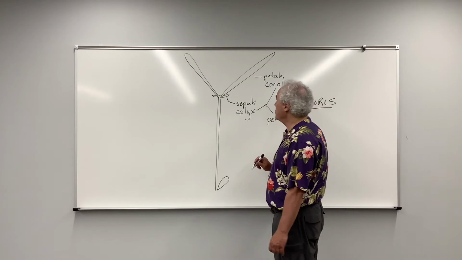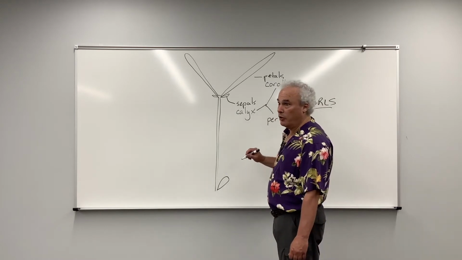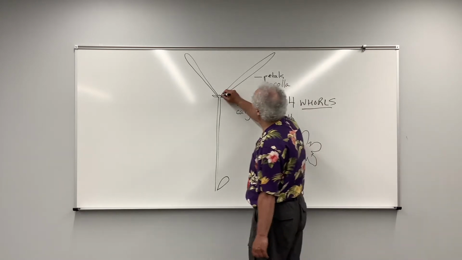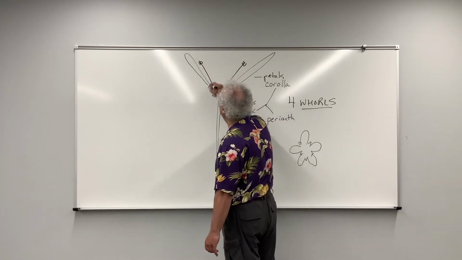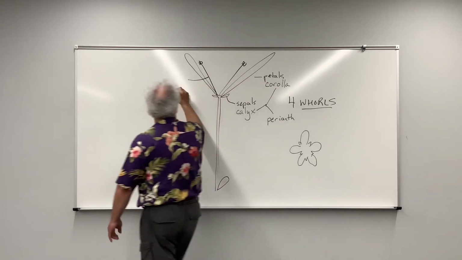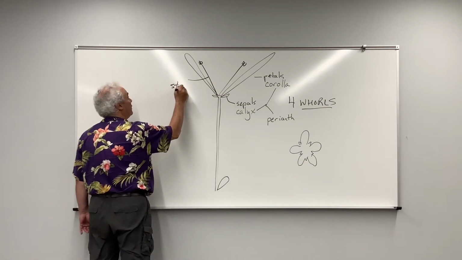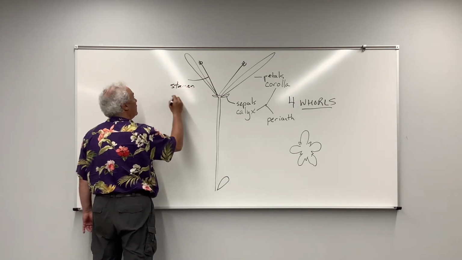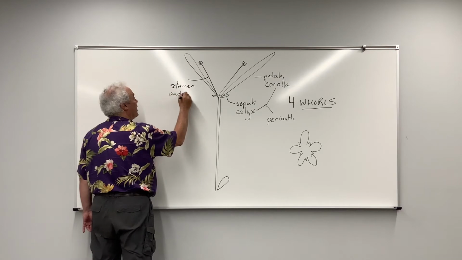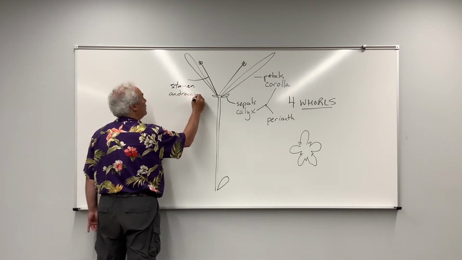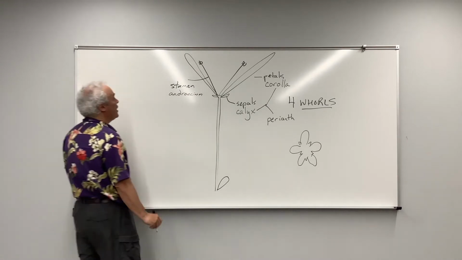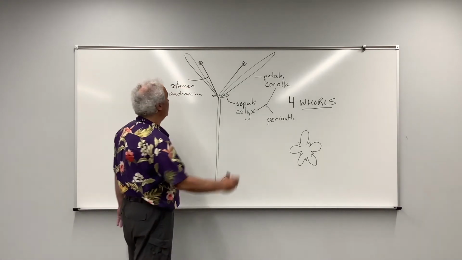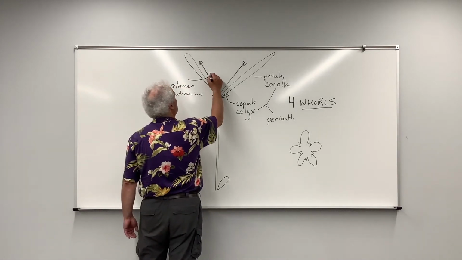Interior to the petals, the next whorl is the male whorl, the male sex organs. And these organs are called individually a stamen, collectively the androecium. Androecium is Greek for house of men. And the stamen, as you can see, is made up of 2 parts. There is a stalk, which is called a filament.